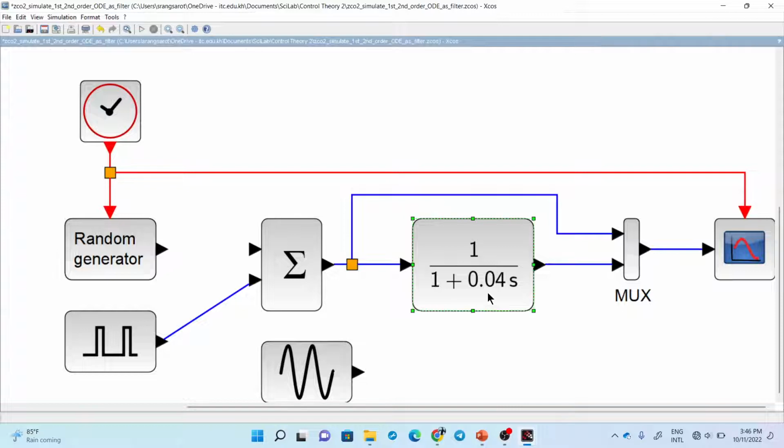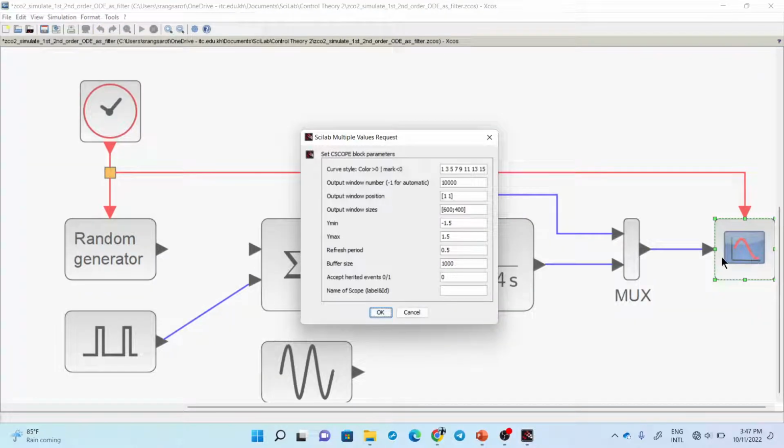And this transfer function, I think it's easy to configure. Sum and merge are also easy. For this one, we will just see the period. The curve will show it between 0 to 0.5 seconds.